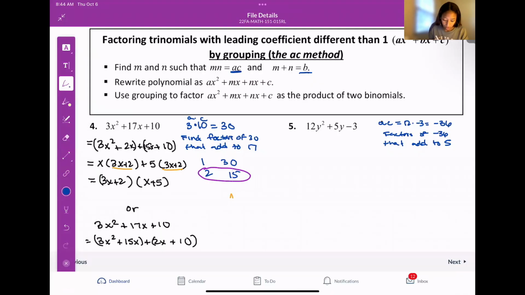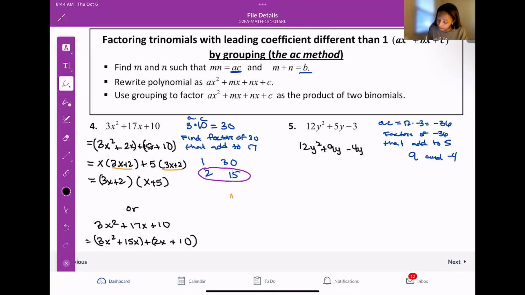The factors that work are 9 and negative 4.